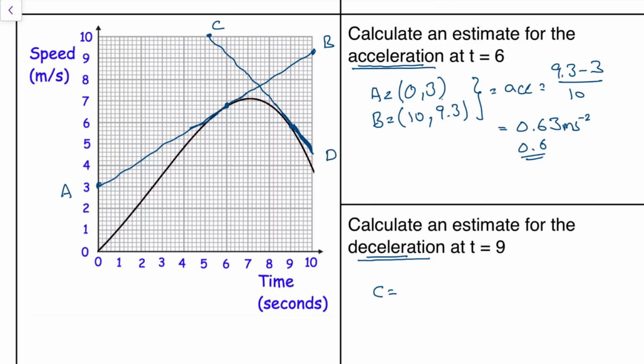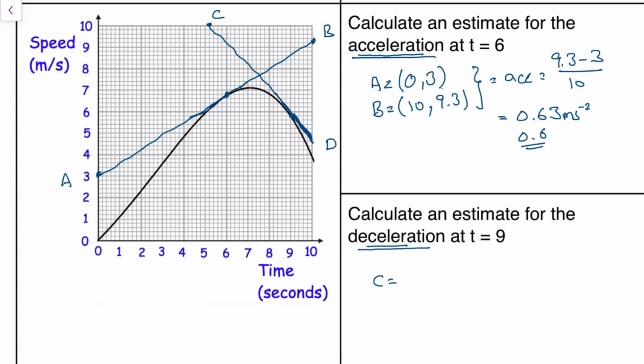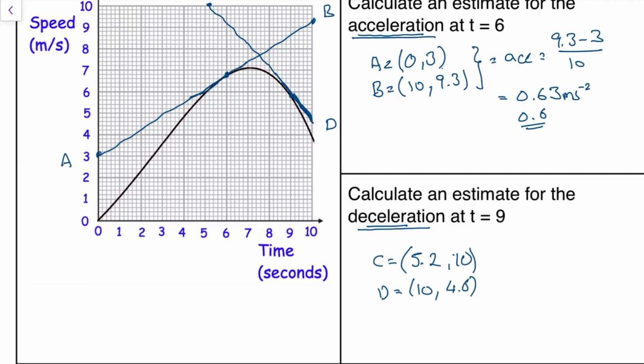So for this one, my point C, let's map this down, it's going to be 5.2, and then it goes up to 10, so the y value is quite easy here. And my D value, well, the 10 is my x value, and it goes up to, that line's not brilliant, so I'm going to call that 4.6. Now I'm also going down, so I'm expecting a negative number, but let's work out the gradient first.